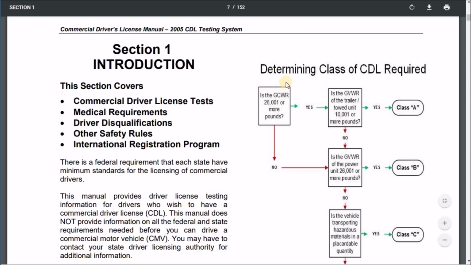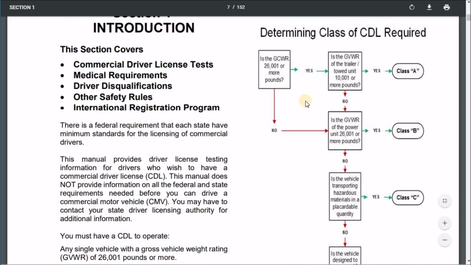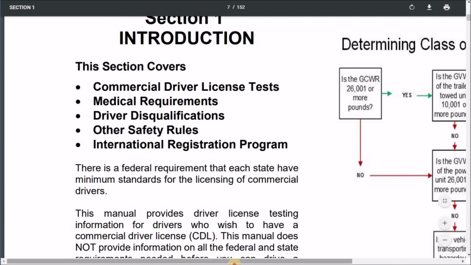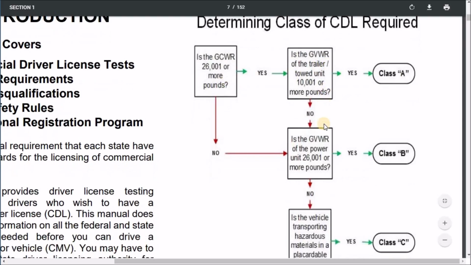Number one, I'd say, is how do you determine what kind of CDL license you need, whether it's a class A, B, or C. So figure 1.1, that's the one we're looking at right here, pretty much explains, if I can go larger on that, how you determine what class of CDL you need. It's all pretty much based on weight. So this flow chart here explains.